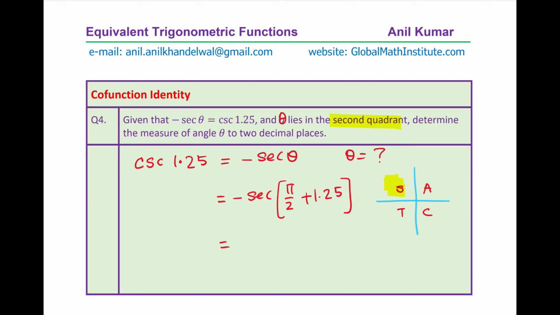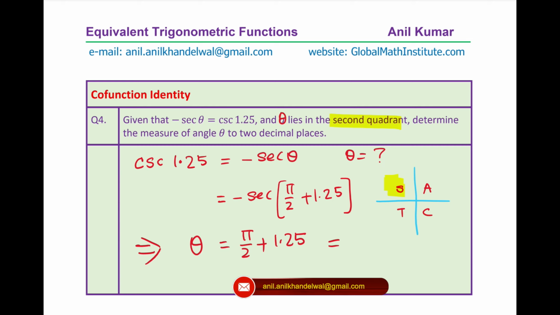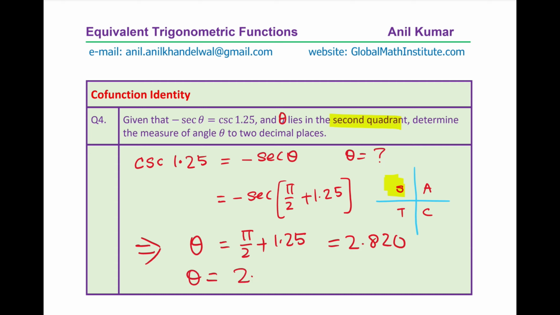So theta basically is equal to pi by 2 plus 1.25. And now you can add these using the calculator. So pi by 2 plus 1.25 on the calculator gives me 2.820. Rounding to 2 decimal places, we get theta as equal to 2.82 radians.